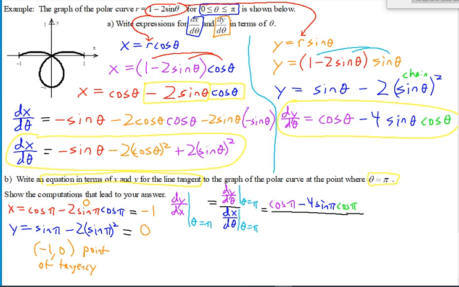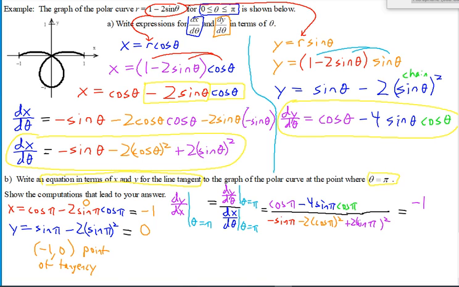And then on the denominator, the dx/dθ is right here. It'll be negative sine of pi, and then minus 2 cosine of pi squared, and then plus 2 sine of pi squared. So cosine of pi is -1.